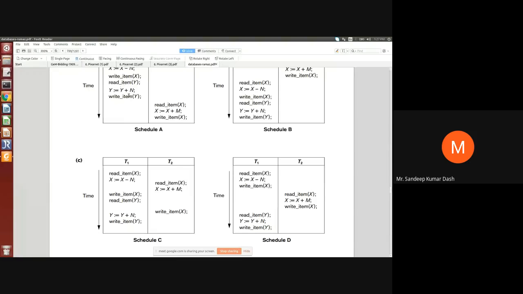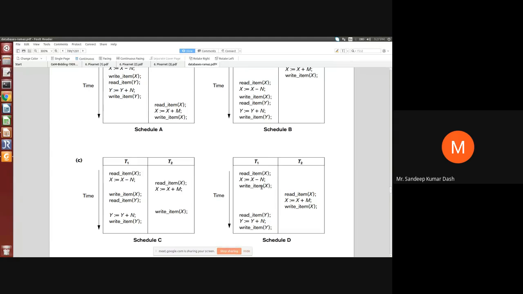So if I am converting into a serial schedule, either I will move this 3 downwards, first completing this 6 and then this 3, or I will move this 3 upwards and this 3 here, so that first T2 will be completed, then T1 will be completed. Which one is acceptable? In order to shift these 3 up: T3 is writing item X, which means at time unit 3 this is getting performed.